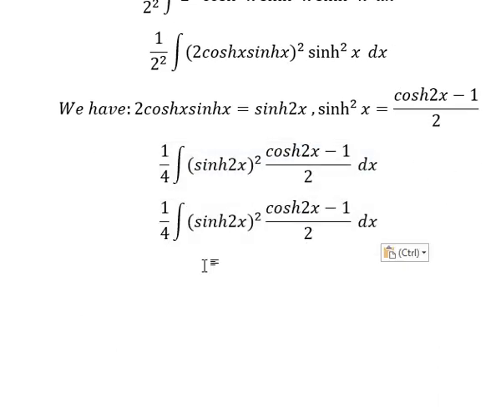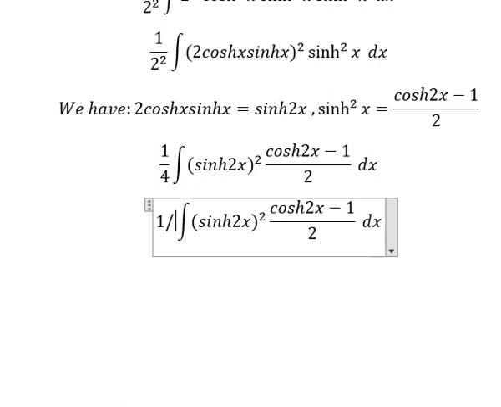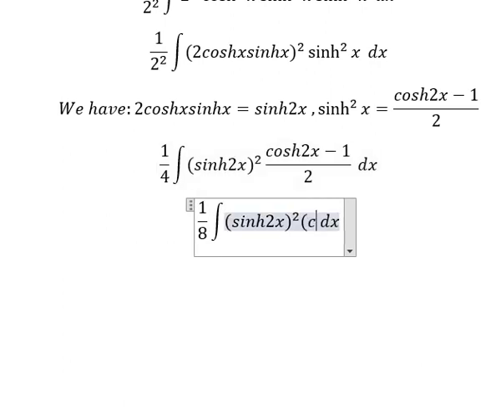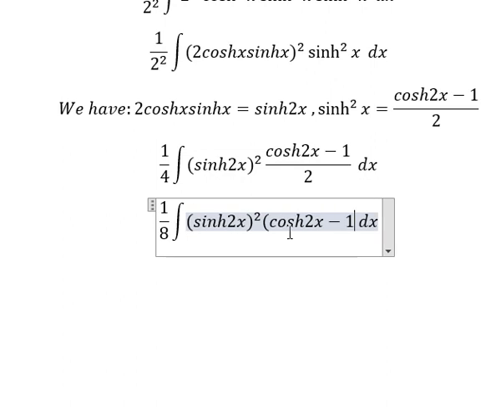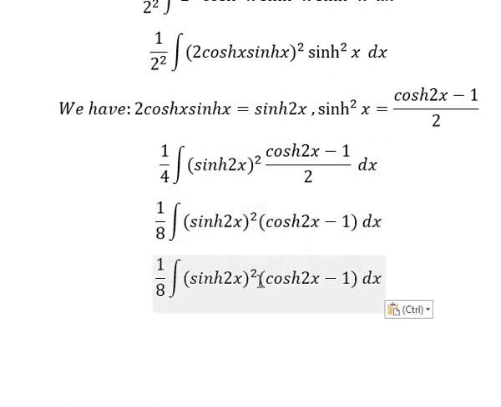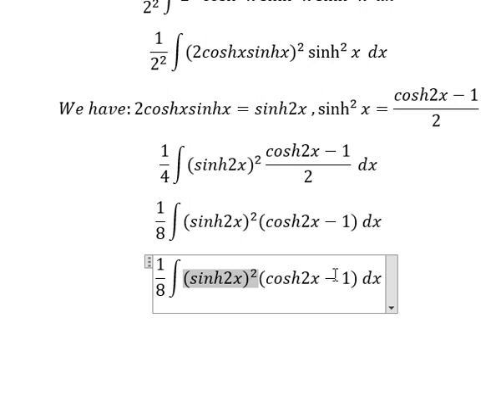So we put number 2 go outside and we have 1 over 8. And we have cosh 2s minus 1. This one multiplied by this one and number 1.